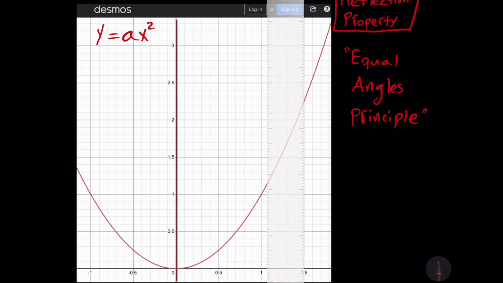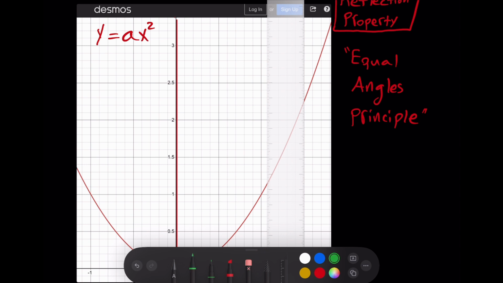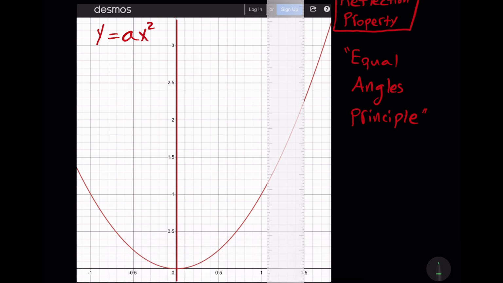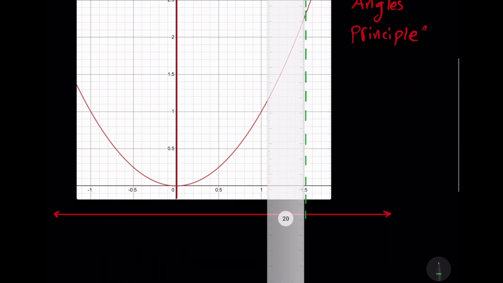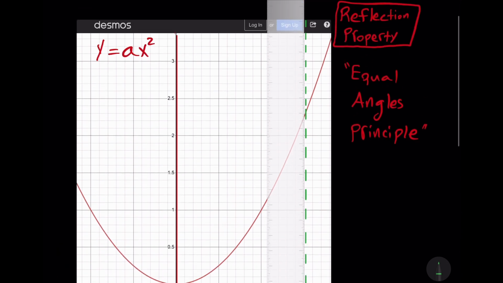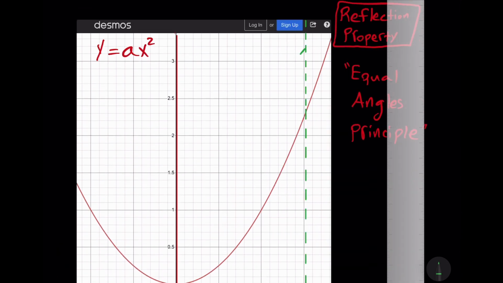So let's say some photons are coming in, and the key here is that, and I'm just going to extend this line for geometrical purposes so we can analyze this, is that this line here is parallel to this line here.